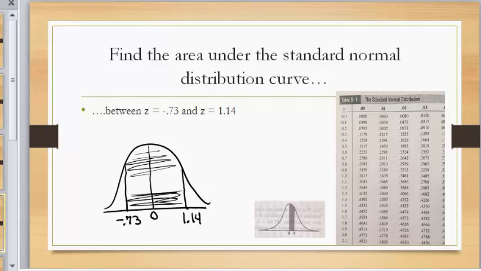So I'm going to find the 1.1 and the hundredth place will be the 4. And I'm going to intersect those two. You can see that the area at that intersection point is 0.3729.